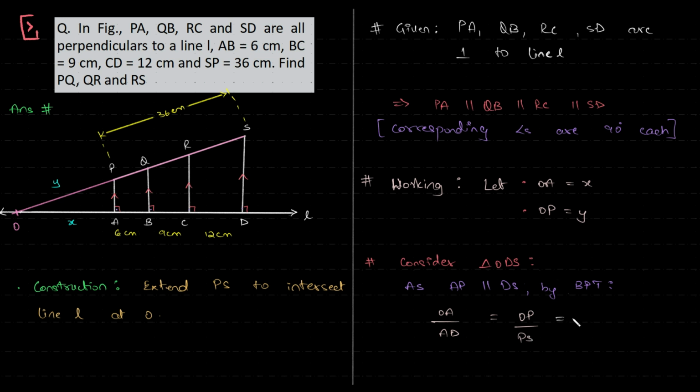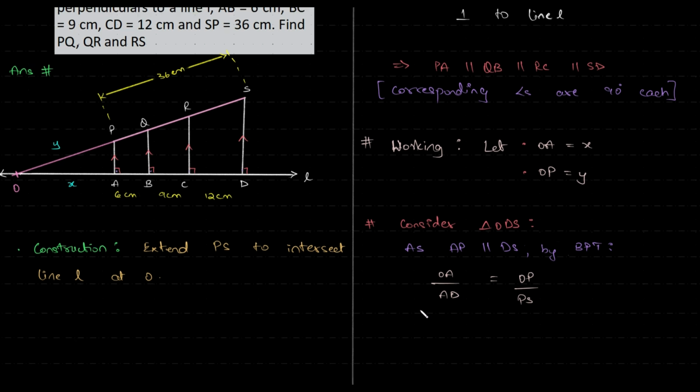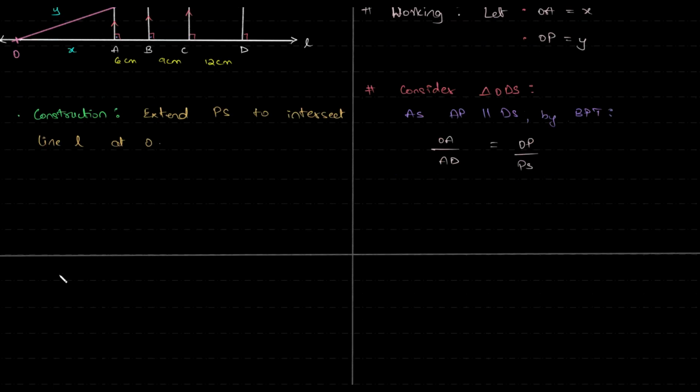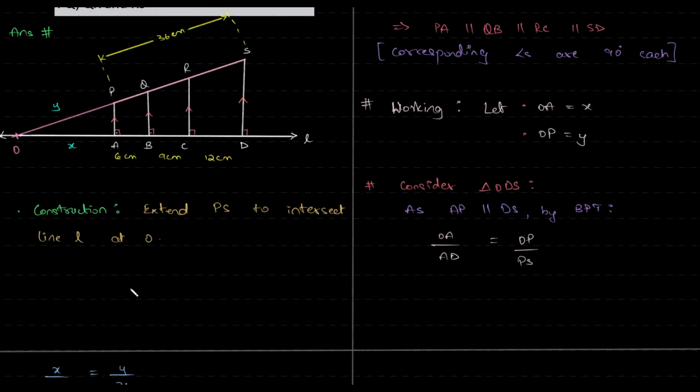Okay, we have to cross multiply now. Before this, we have the values, but we need to cross multiply before I take the next step. OA is X, and AD is how much? 18 plus 9, 27, right? So X by 27 is equal to Y by 36, if I'm right.